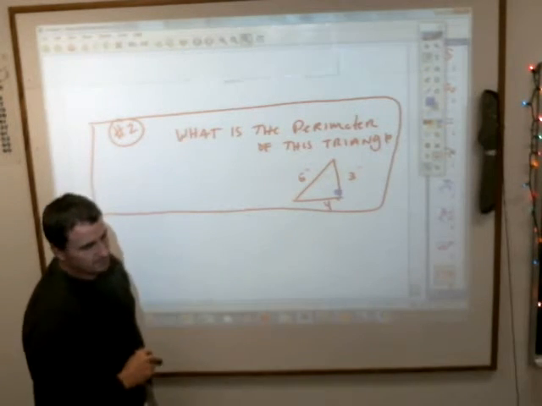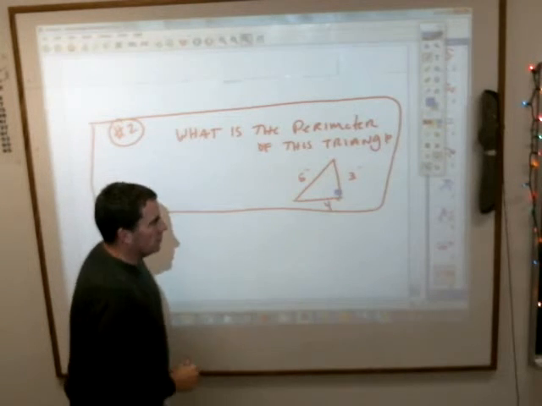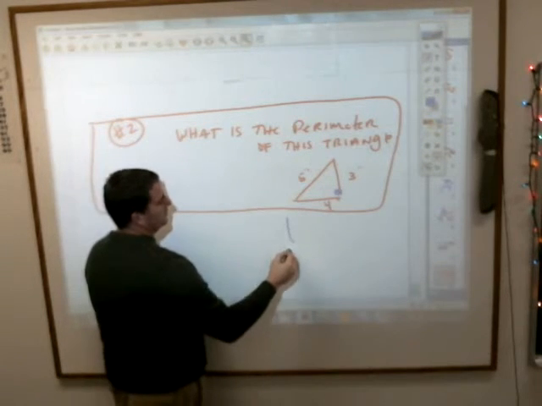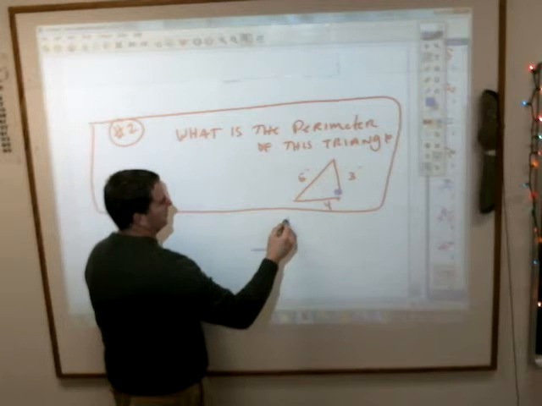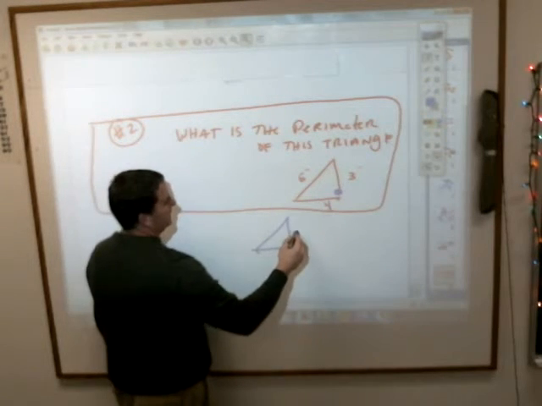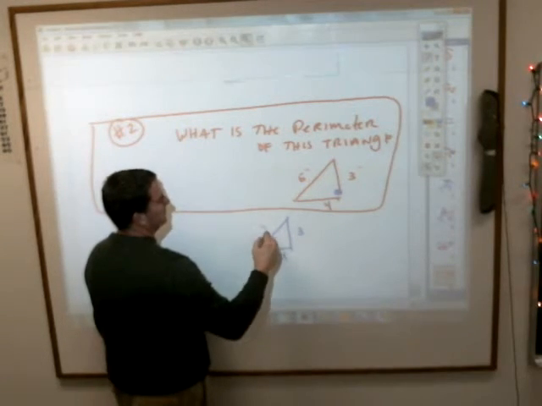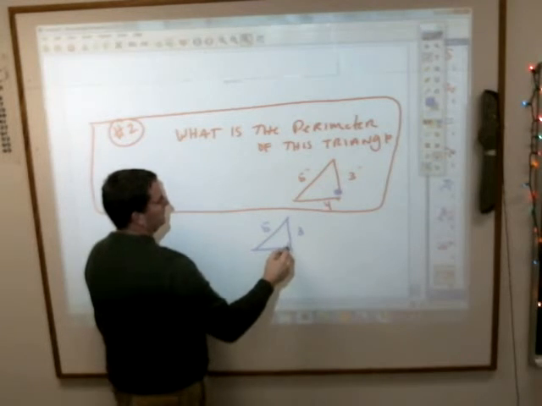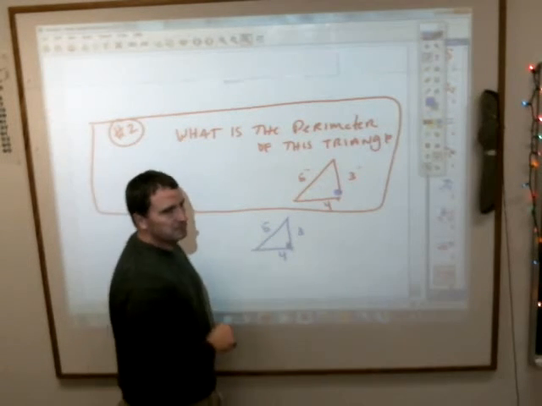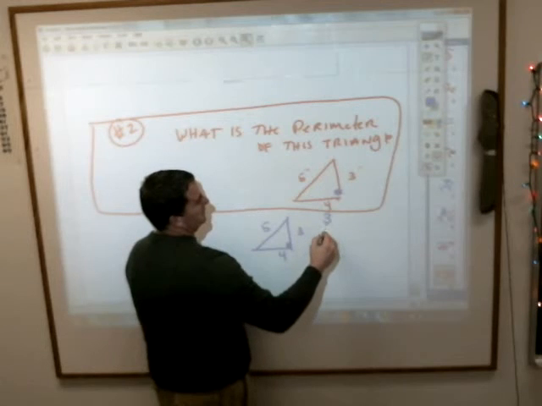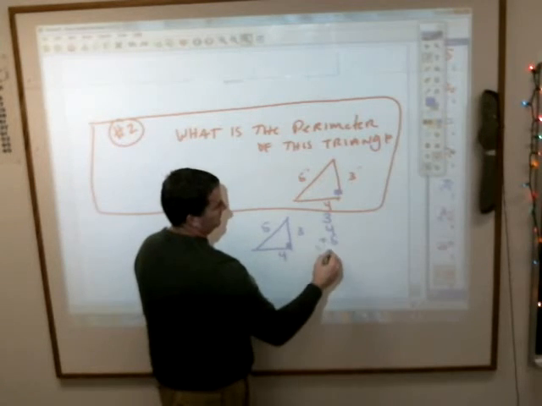Taylor? You draw the triangle. You are going to sketch on your paper this same triangle, 3, 4, 5, and then, Caitlin Stritzel, you'll add up all the sides. 3 plus 4 plus 5.